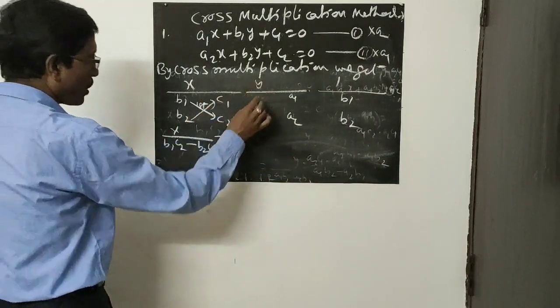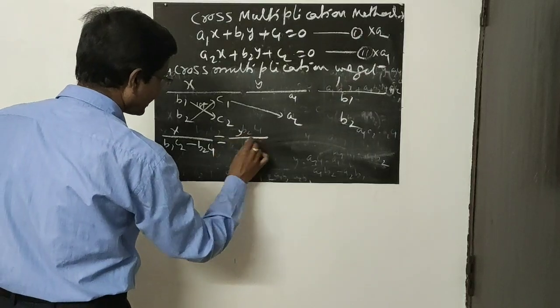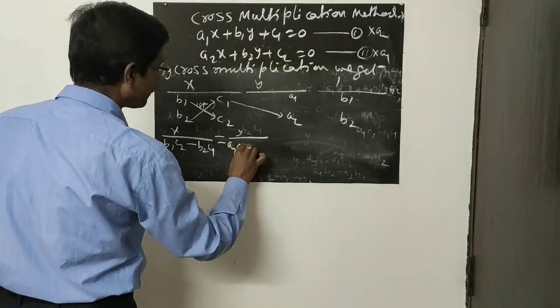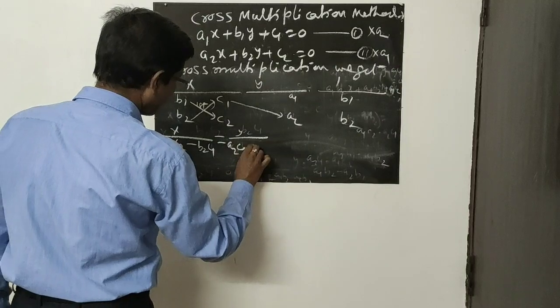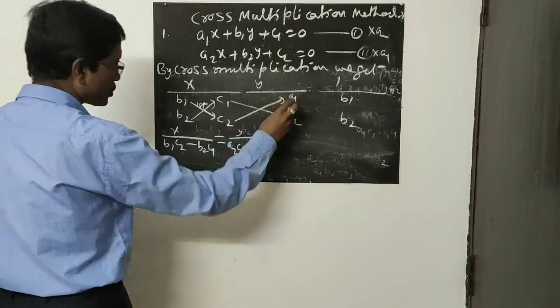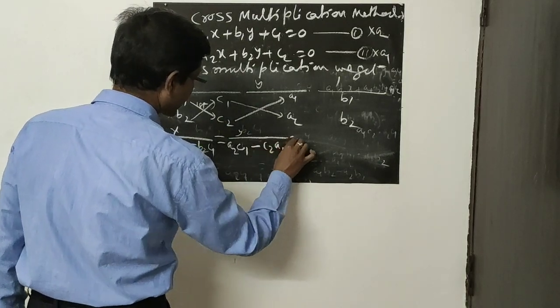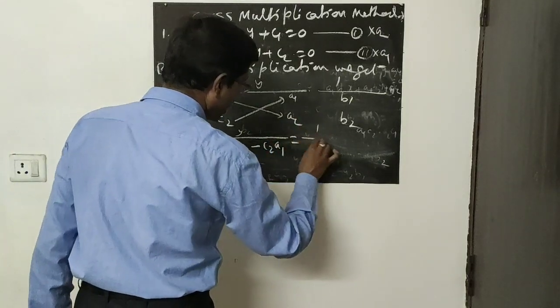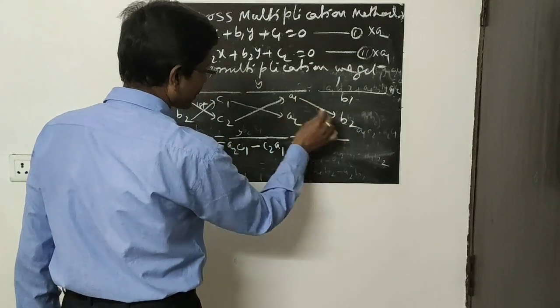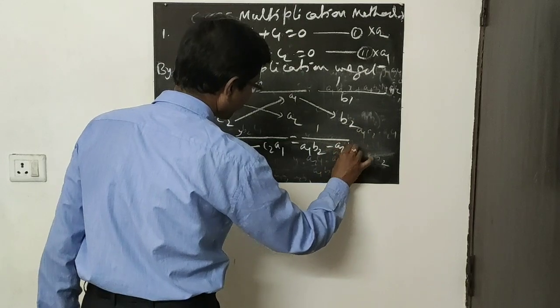Then y by the next one: c1 a2 minus c2 a1, first this order downwards, then upwards. And next 1 by a1 b2 minus a2 b1.